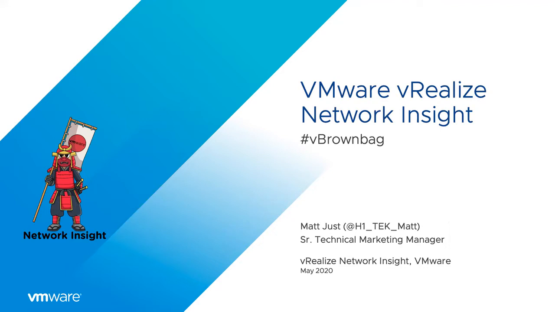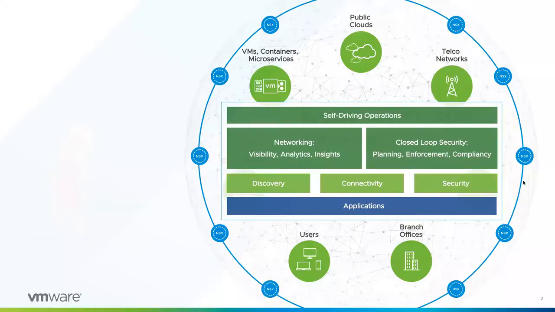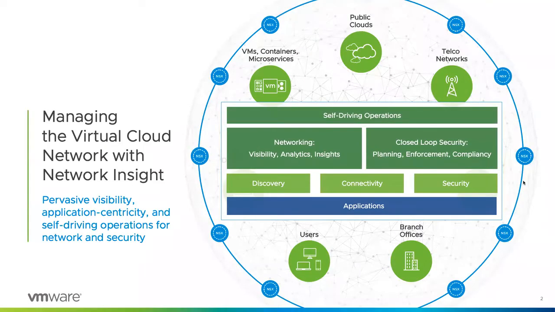Starting off with vRealize Network Insight. Just to give a high level overview, especially for those of you that are new to the product. vRealize Network Insight is a product that allows us to monitor and manage the full end-to-end visibility within a network.